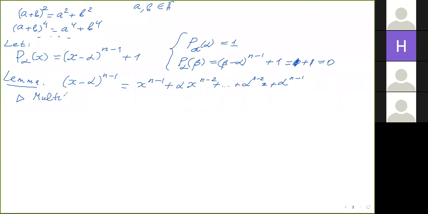Multiply both sides by x minus alpha. So what do we obtain in the left-hand side? In the left-hand side, we obtain x minus alpha to the n. And recall that n is a power of 2.